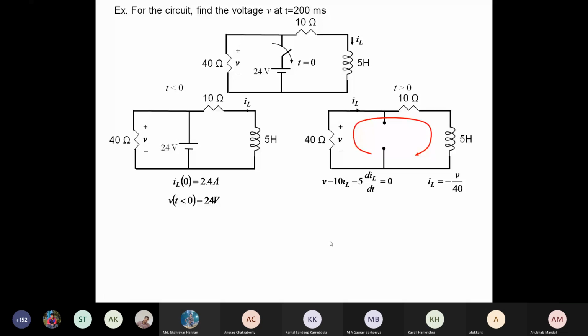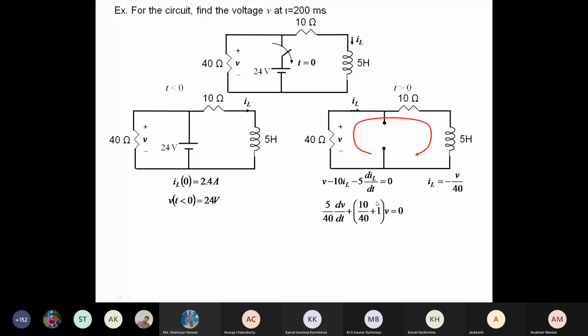If you substitute this in this equation, you will ultimately get this. So I'm substituting here, making it effectively in terms of V. Keeping V as it is, you get 10 by 40 into V plus 5 by 40 into dV/dt.